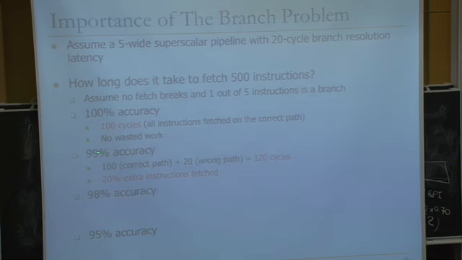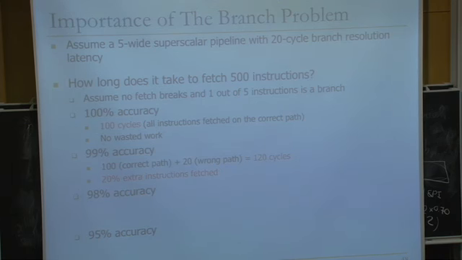But 1 out of 100 branches, you waste 20 cycles, right? And how many branches are there? Well, there are 100 branches. So once you waste 20 cycles, now you're spending 120 cycles to do the same amount of work. And you fetch 20% extra instructions, right? So there's a cost to power as well. You're going to flush all those instructions, useless work.